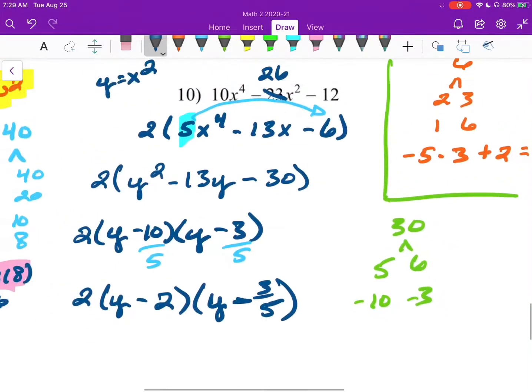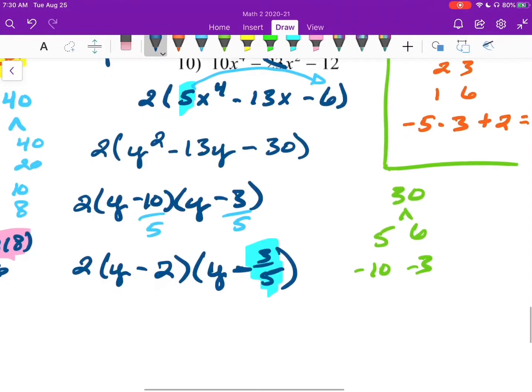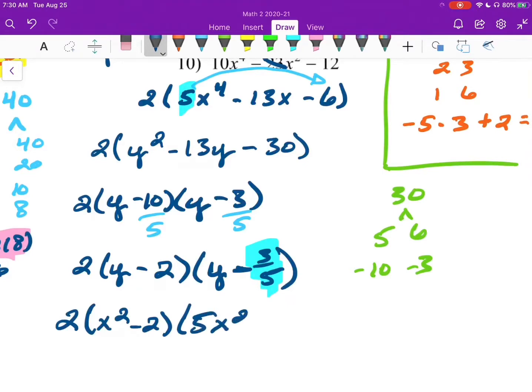I'm going to put back in my x's, and also we have to remember that if you have a fraction at the end, that 5 needs to go with the variable. The denominator goes with the variable. So I'm going to have 2, I said I would put my variable back in, so x squared minus 2, 5x squared minus 3. All right, there we are. Finally, we are done.